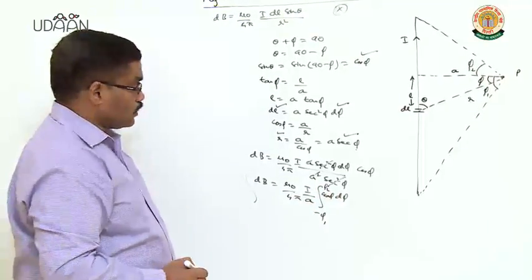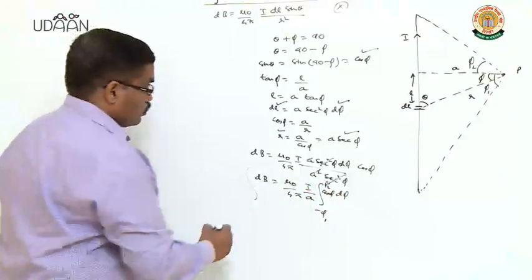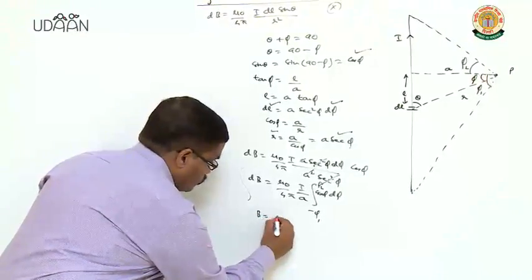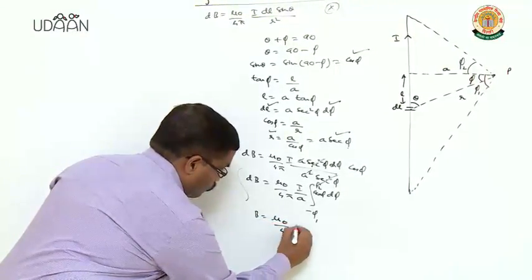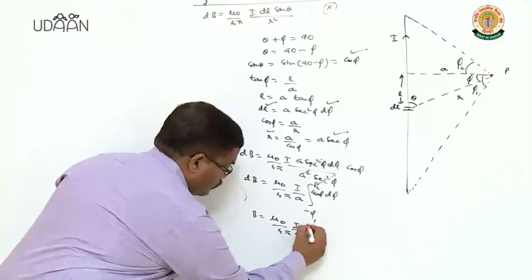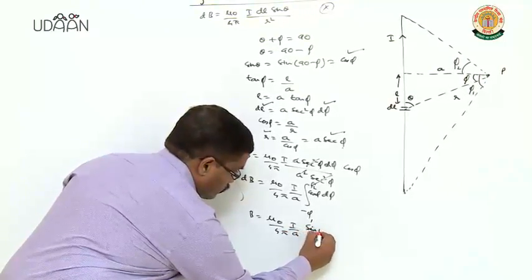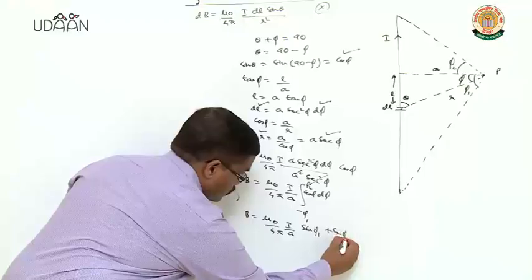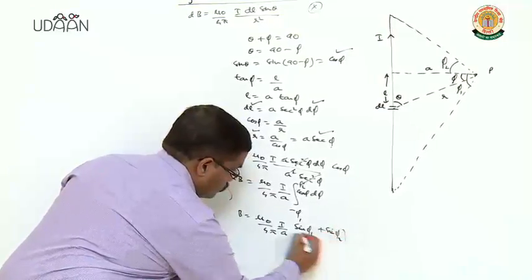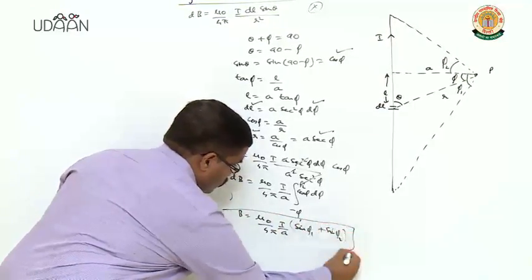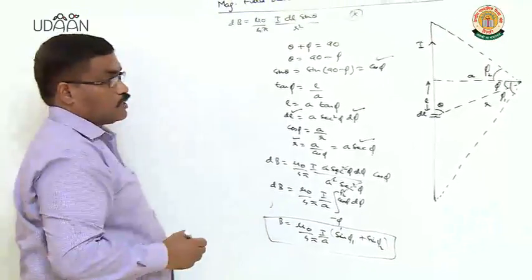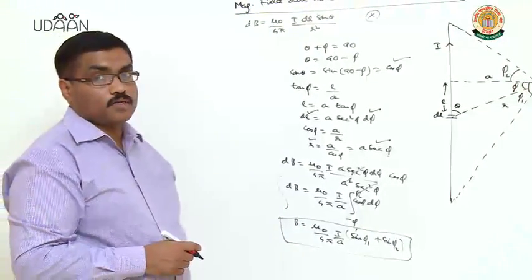Now if you integrate and substitute the limits, you will have B equal to mu naught upon 4 pi I by A into sine phi 1 plus sine phi 2. Now this will be the field due to a straight current carrying wire.